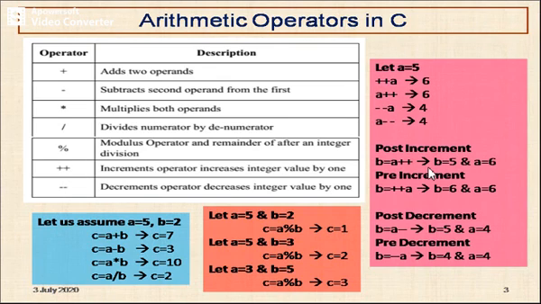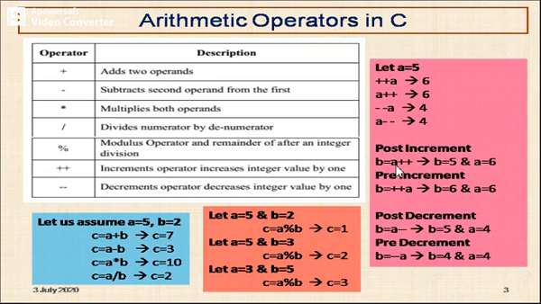Actually, we have two types of increment and decrement operations, that is post increment and pre increment. See the example, B is equal to A plus plus. This is called post increment. That means the value of A will first be assigned to the left hand side variable, then it will increment the value of A by 1.